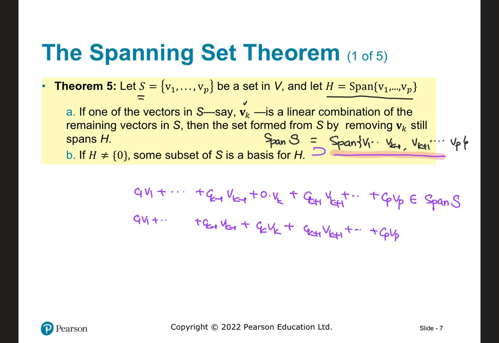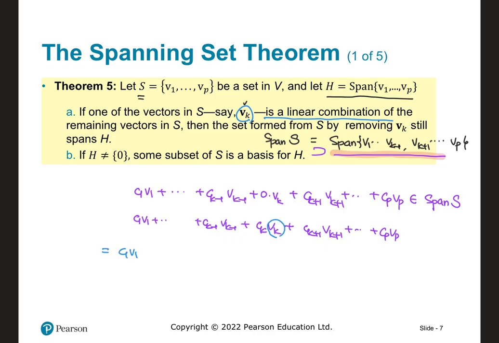So that is an arbitrary element from the left-hand side. Now, what is the assumption here? We have the assumption that V sub k is a linear combination of the other vectors.